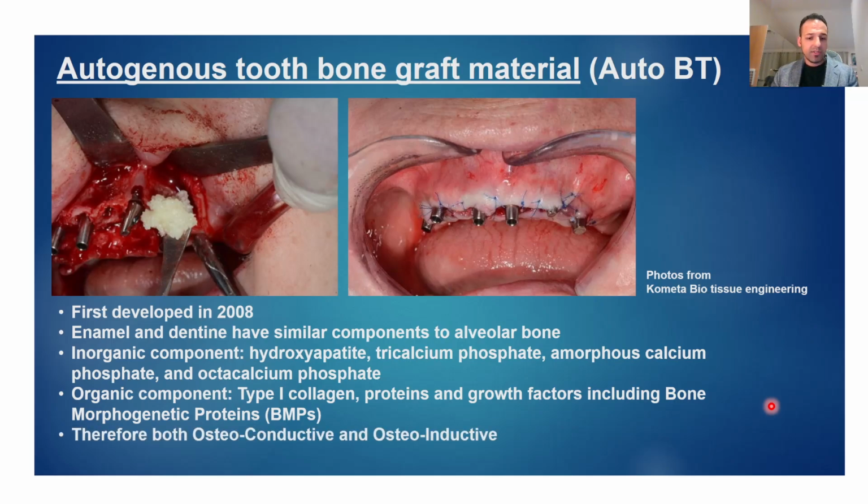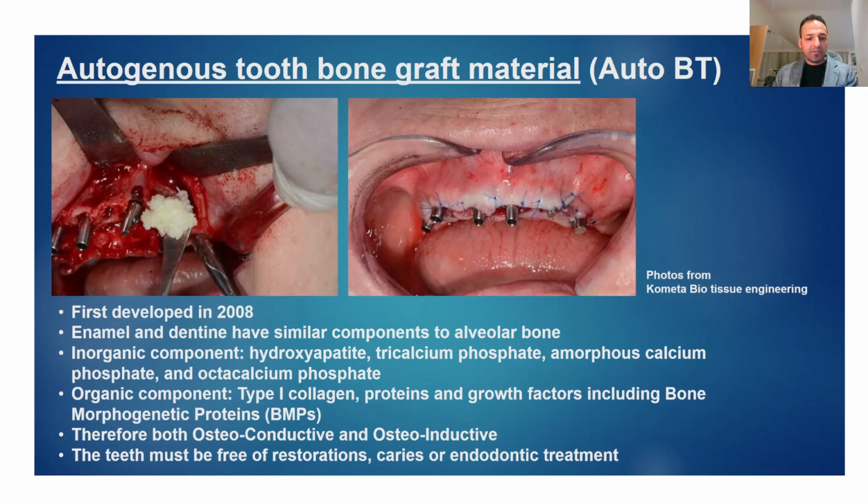Therefore, this is what's classed as osteoconductive and osteoinductive. We'll talk about that in a second. Osteoconduction is essentially providing a scaffold upon which osteoblasts can grow into and lay down bone. And we'll talk about what osteoinduction is in a moment.